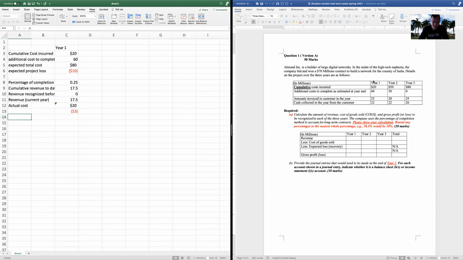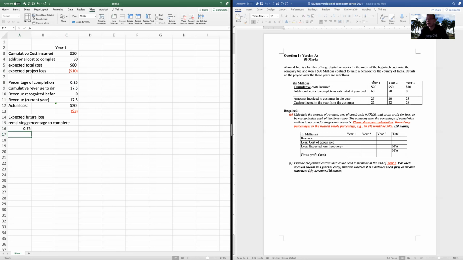Then the expected future loss. What's the remaining completion? The remaining percentage to complete equals 1 minus C8.